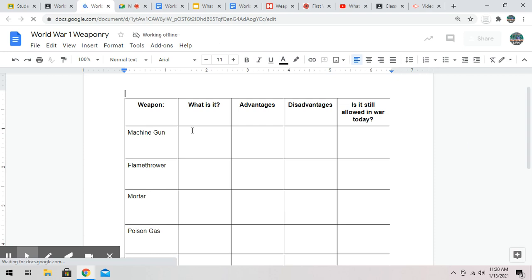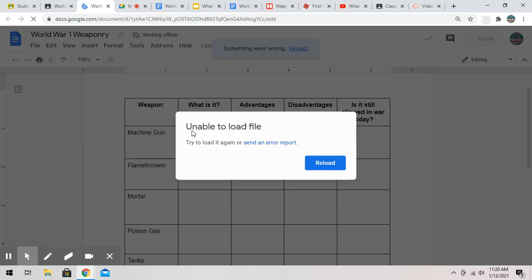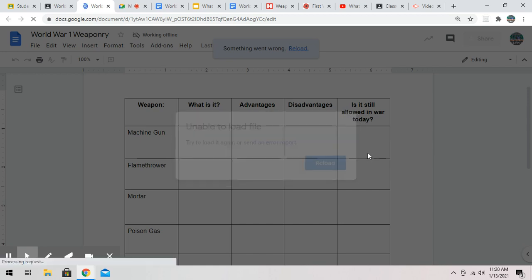So here's what I'm asking you. What is it? What is a machine gun? I want you to give me a description of what a machine gun is. Some of you may be able to tell me what some of these are without giving me a distinct definition.